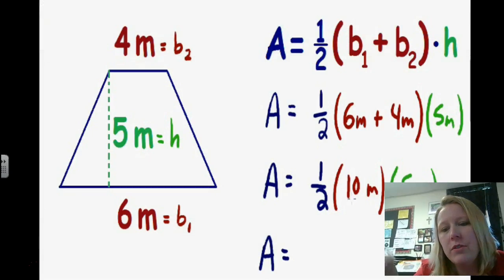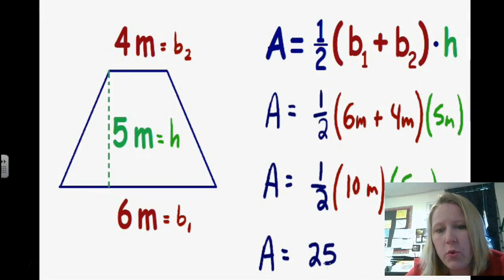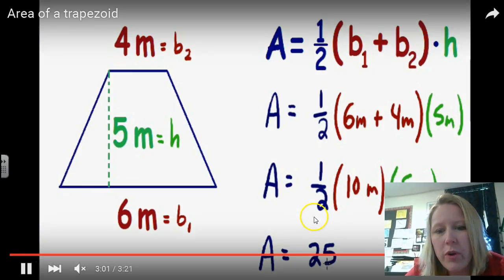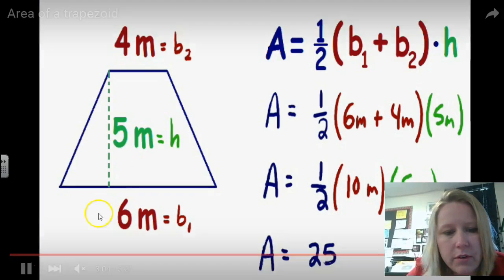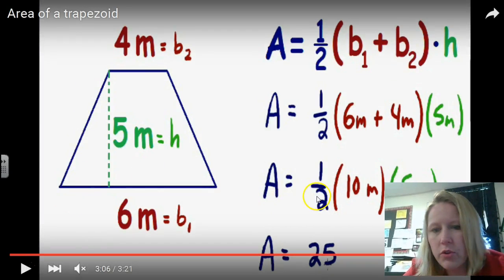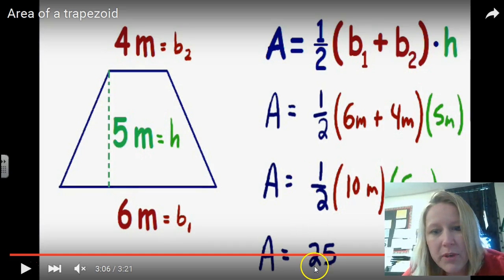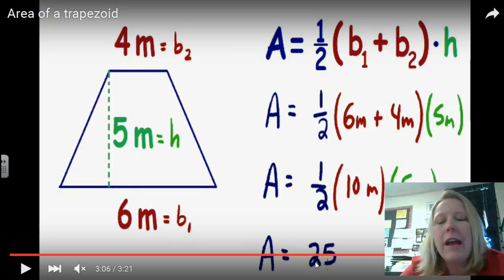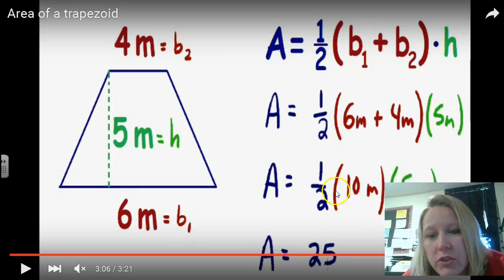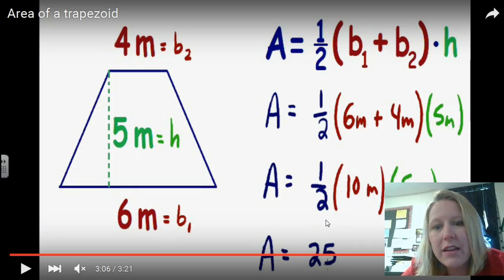Oh wait, it went too fast. Let me pause the video. So half of 10 is 5, and then 5 times 5 would be 25. Or you could have said 10 times 5 first, 10 times 5 is 50, and half of that would be 25. Either way, you're going to get the same answer. Personally, I like cutting it in half first once I've done my adding, because then it's a smaller number, and everybody likes dealing with smaller numbers.